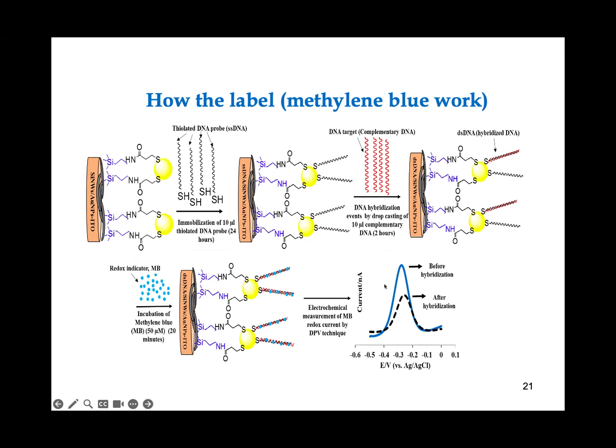Then we can generate the signal, because now it is already electrochemically active. So we can observe the reading before and the reading after hybridization to confirm. It might be higher before or higher after. It depends on the strategy.